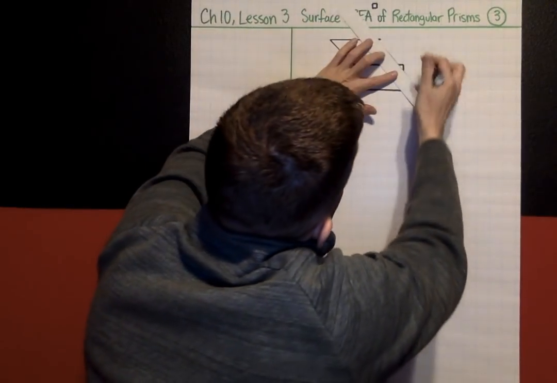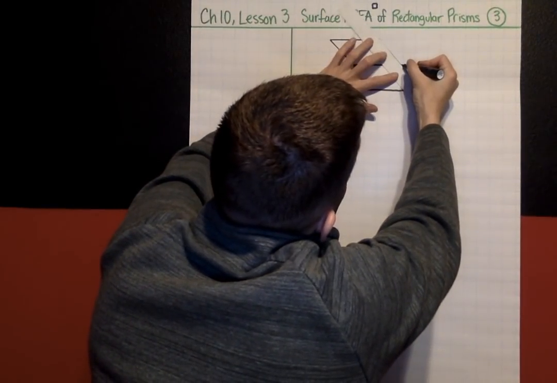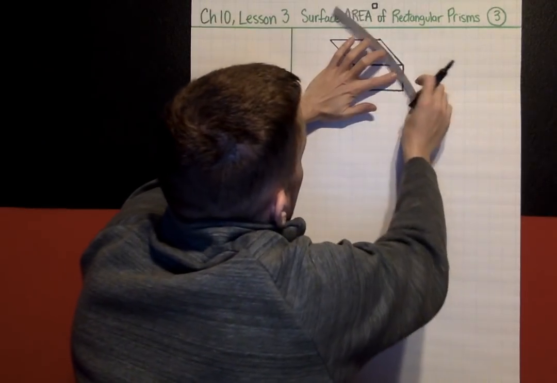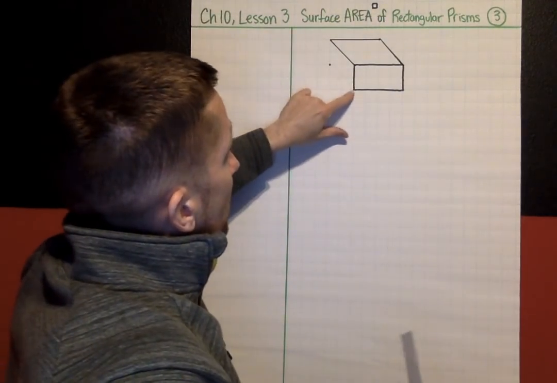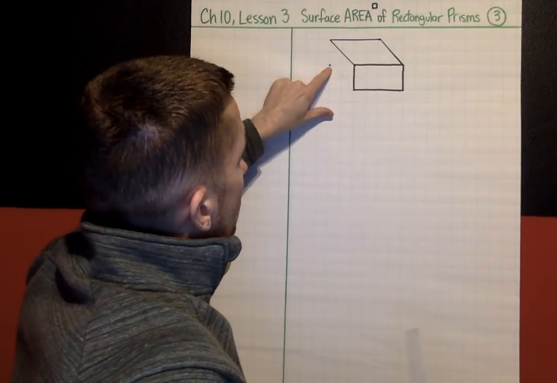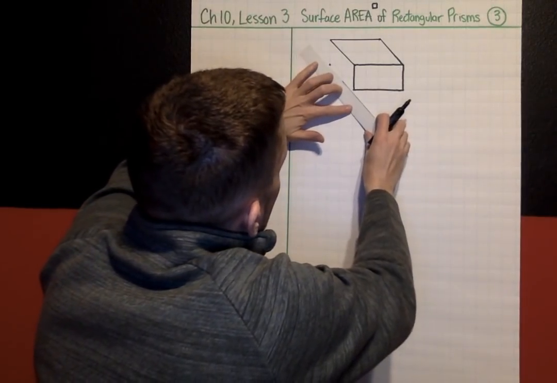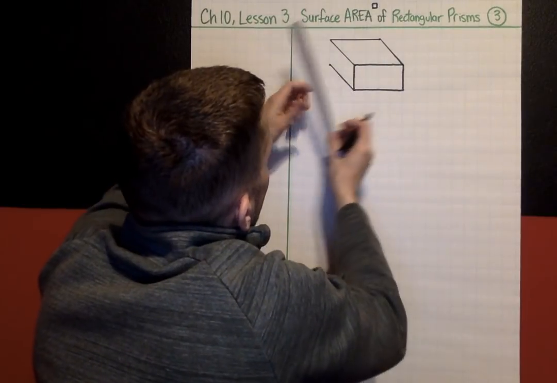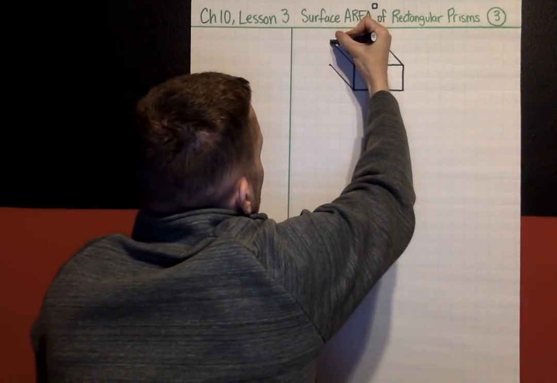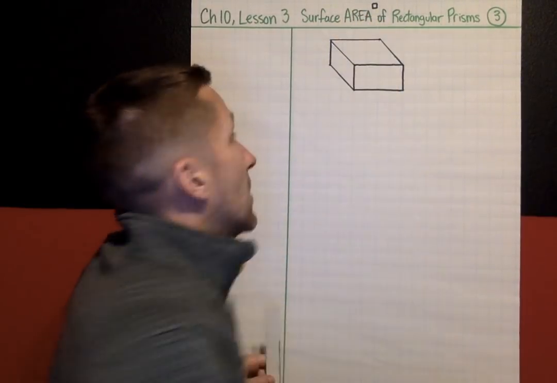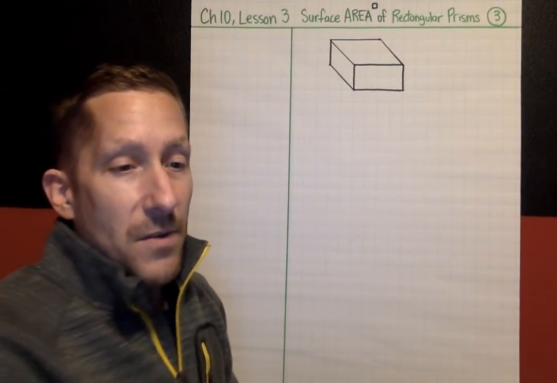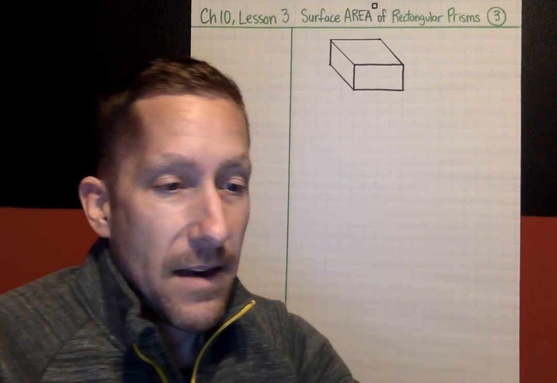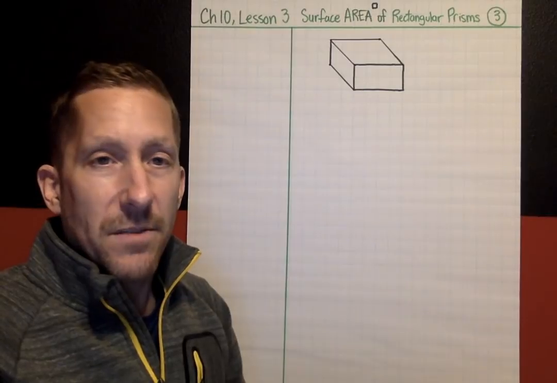I'm going to connect this diagonal, this corner, just like that. Next, I'm going to connect this corner and this dot. And then finally, I'm going to draw that. Okay, so there is a rectangular prism.